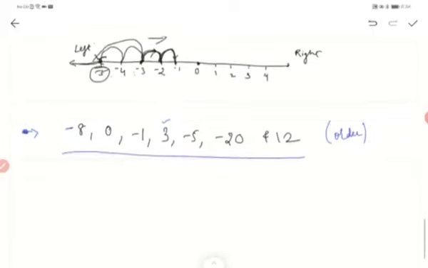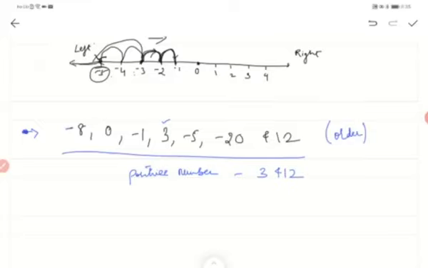First step, you write separately your positive numbers. You have positive numbers here, 3 and 12, right? And 0, anyway, will be in the middle.